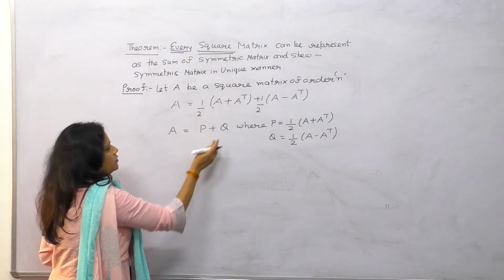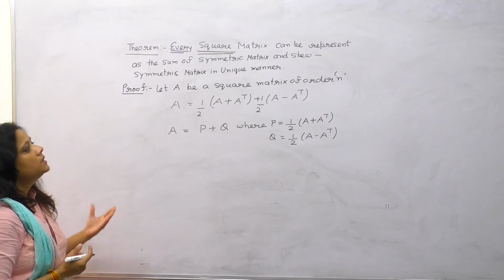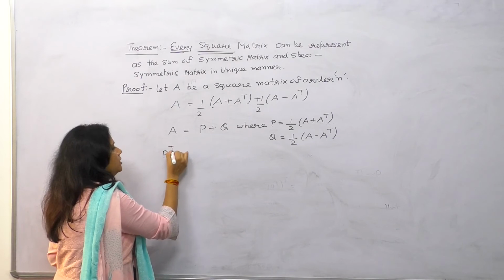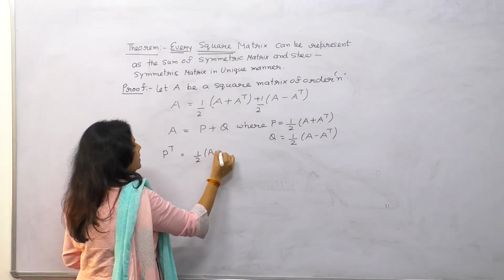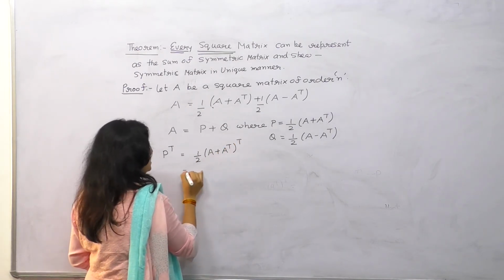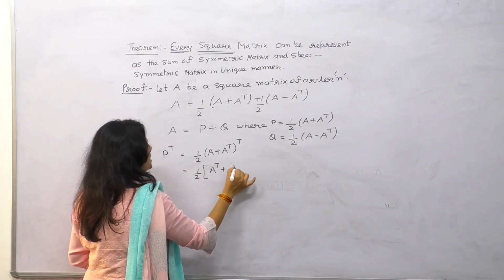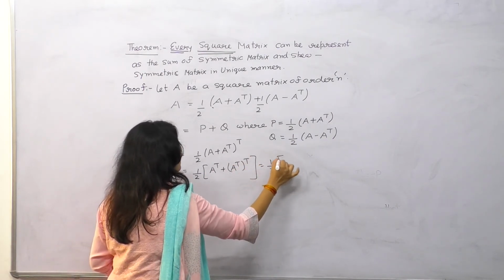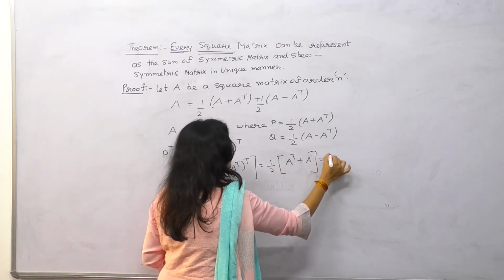So we have to check whether P is a symmetric matrix and whether Q is a skew symmetric matrix. We find P transpose, that is half of A plus A transpose, all transposed, that is half of A transpose plus A transpose of transpose, that is half of A transpose plus A, that is P.